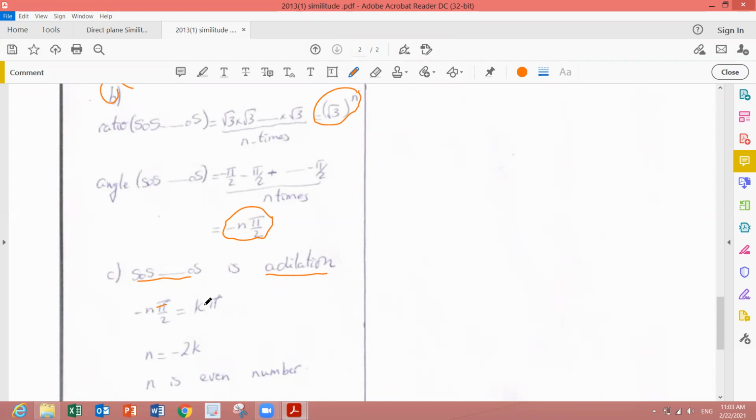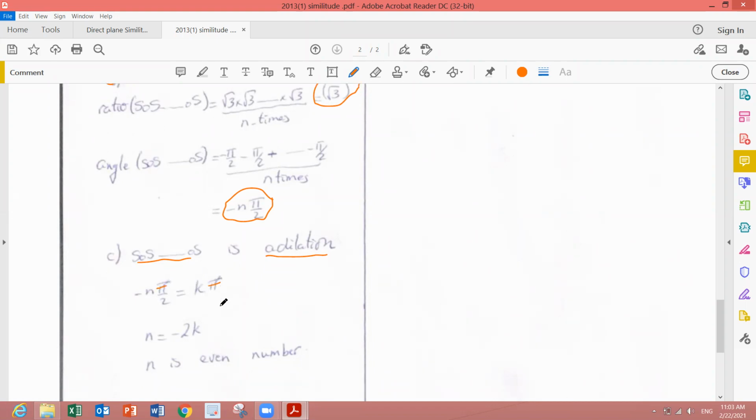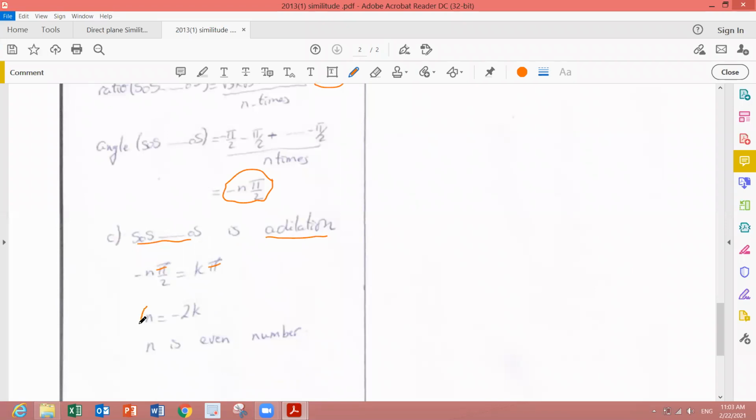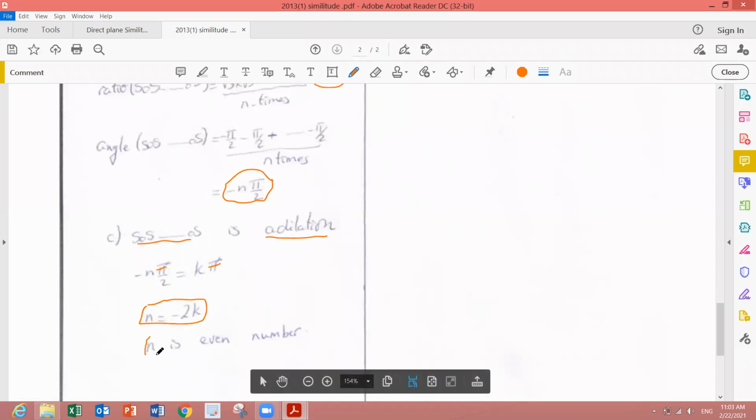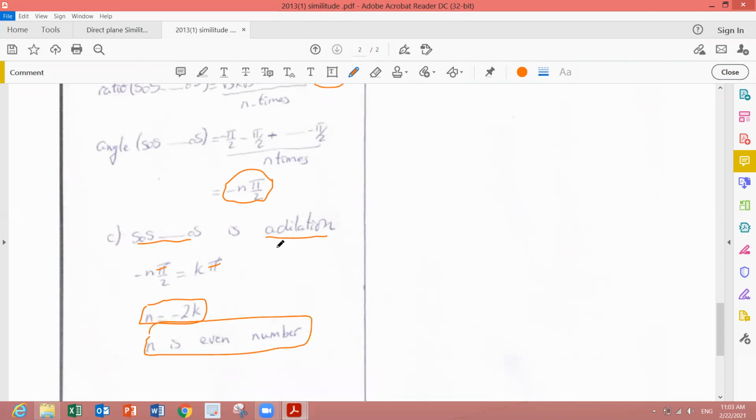So pi and pi, we remove them. So n equals minus 2k. So n is an even number. n must be an even number in order to get a dilation.